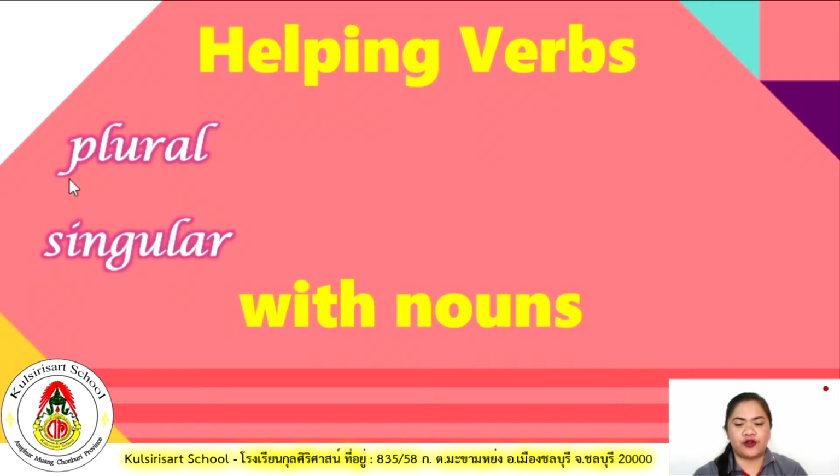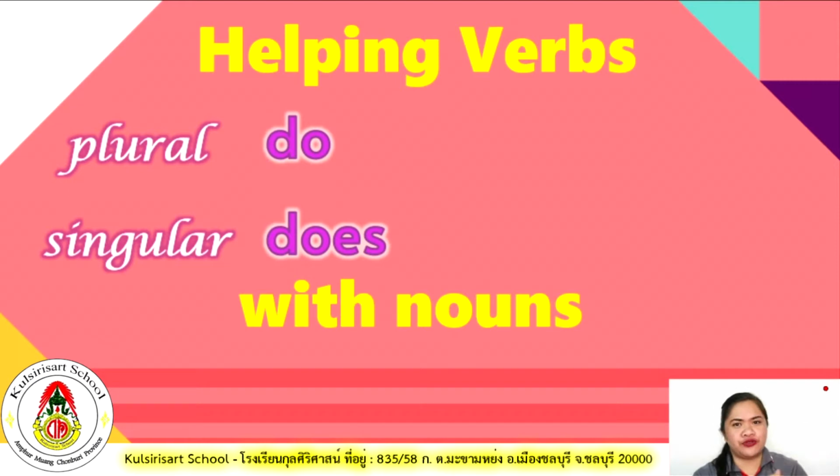For example, plural and singular. The helping verb for plural is do. Again, when your subject is plural, you should use the helping verb do. And if the subject is only one, or singular, you use the helping verb does. Again, remember, plural, do. Singular, does.